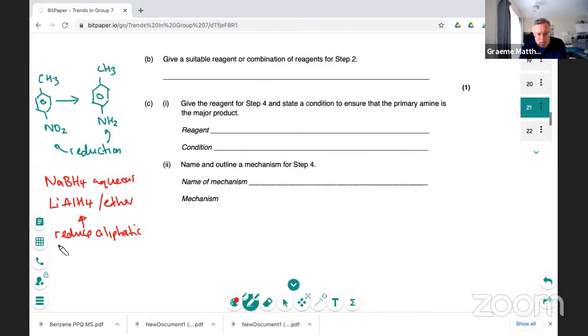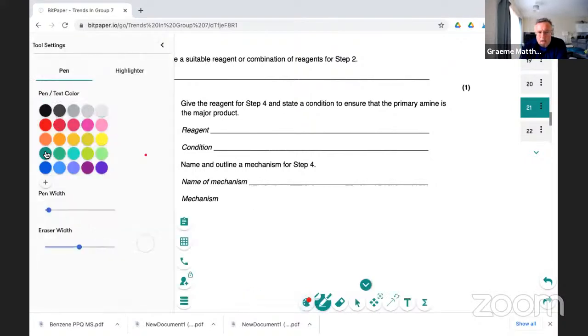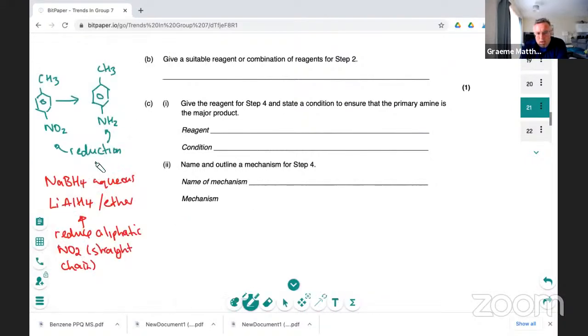Aliphatic NO2, as in straight chain. In other words, sodium borohydride or lithium aluminum hydride, tell you what, this is a better example here.